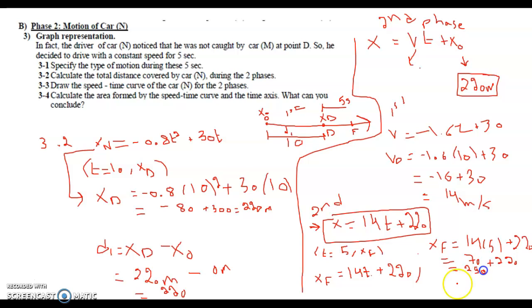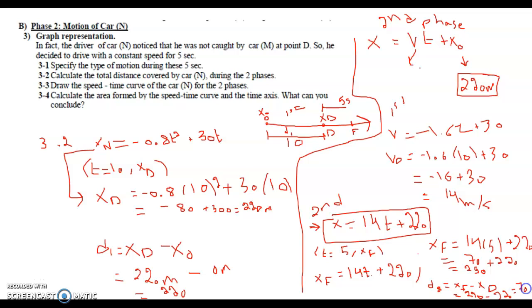Still not done. In order to find D2 covered during the second phase, I have to subtract xf minus xd. So it is equal to 290 minus 220, which is 70 meters.